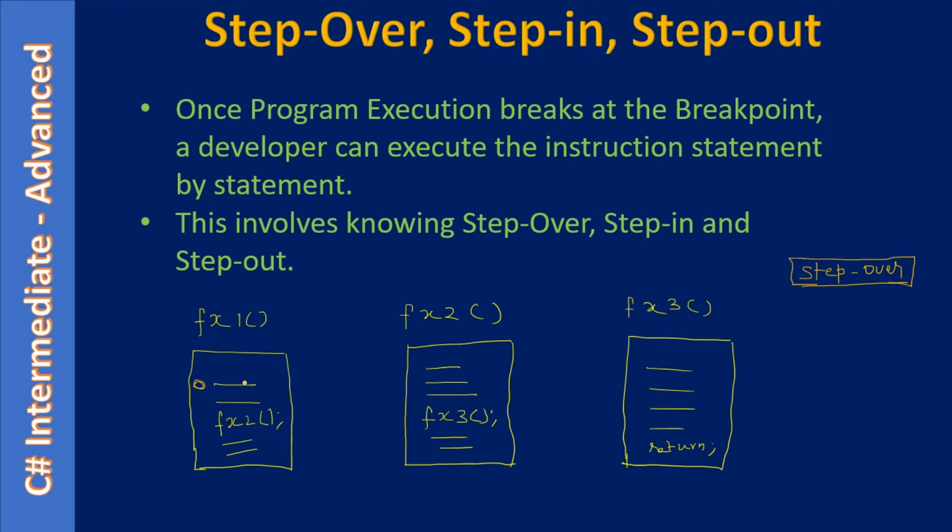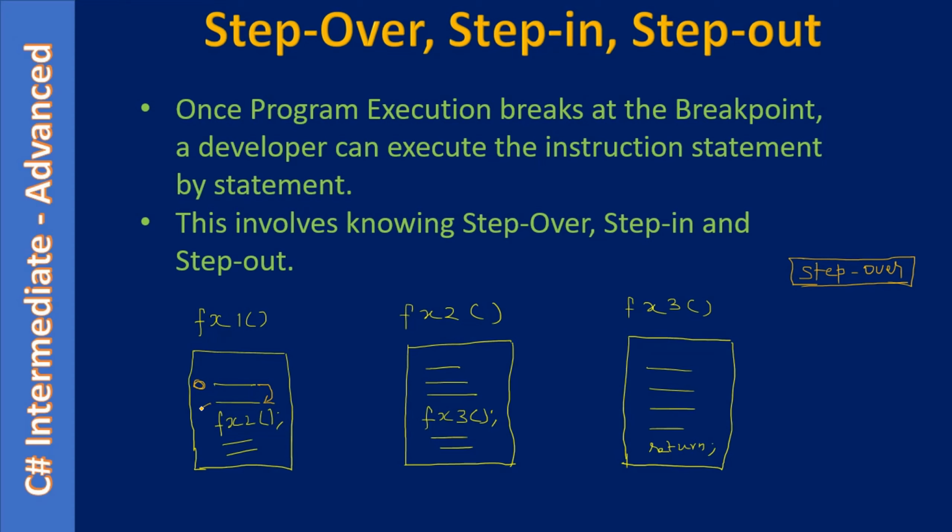So the program halts here at fx1, and when you choose the option for step over, which will be a context menu option or a toolbar button, the program will execute the next line of statement.